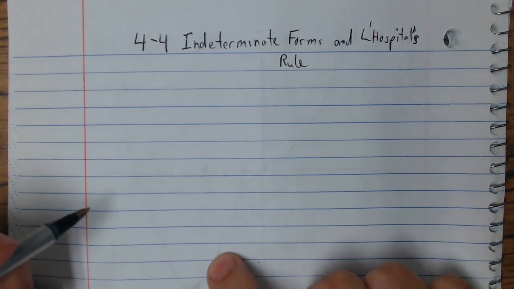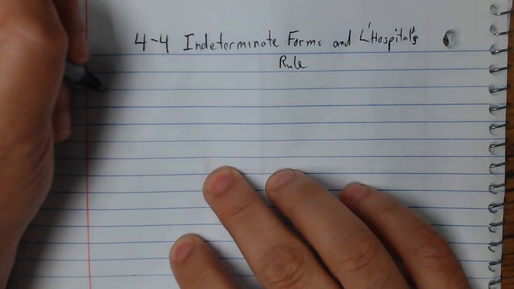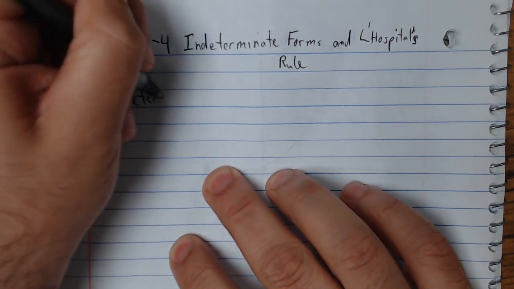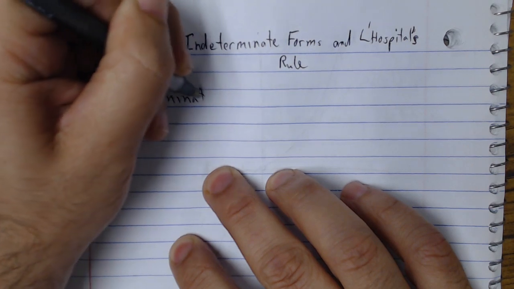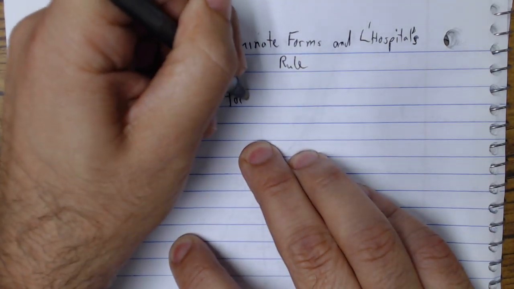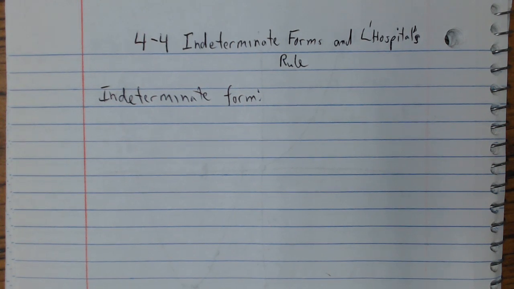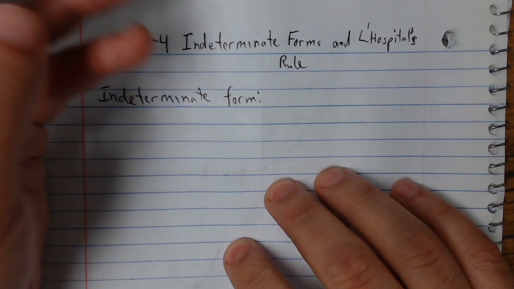So let's start by defining what indeterminate forms are. We're going to start off with the first set of indeterminate forms, and then we are going to talk about a bunch of other ones. These all relate to limits.